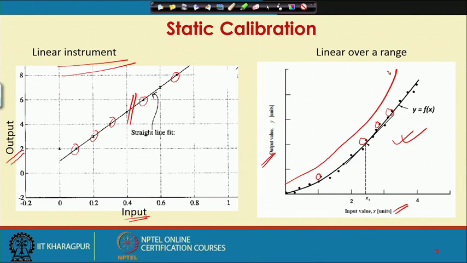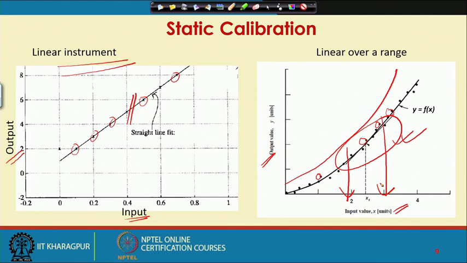So, the instrument is nonlinear to some extent, but if I look at here, you see the instrument is kind of linear over this small range. So, in this range the instrument behaves like a linear instrument.